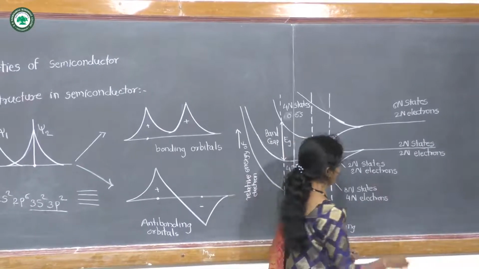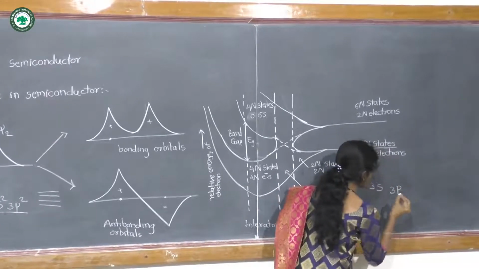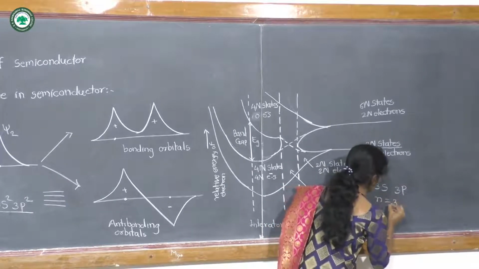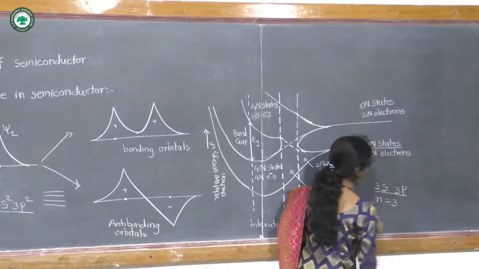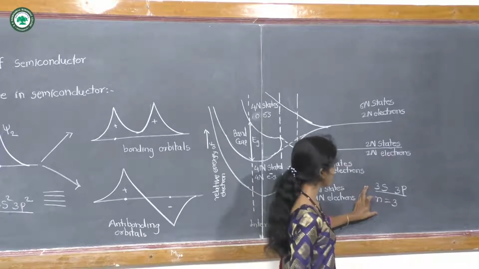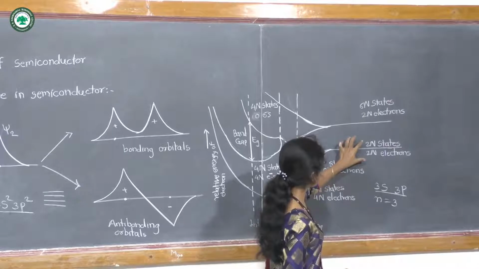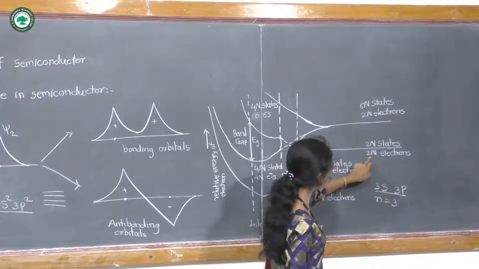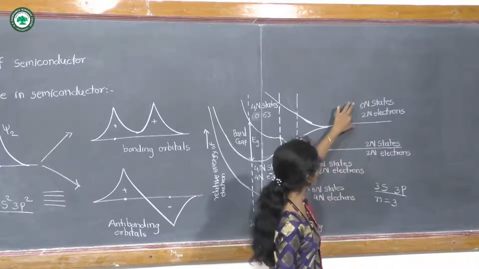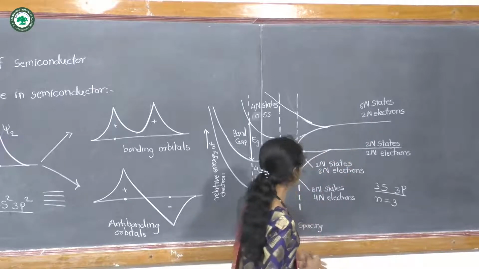The 3s and 3p are the valence levels for n equal to 3 for these isolated silicon atoms, with 2n states and 2n electrons in the 3s level, and 6n states and 2n electrons in the 3p level.